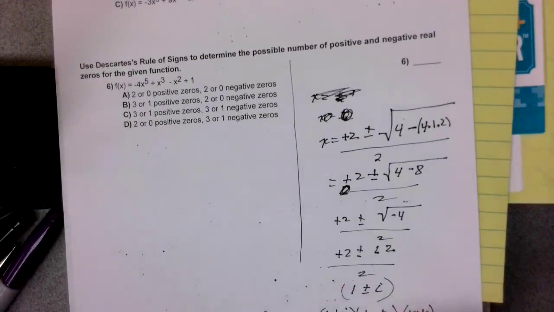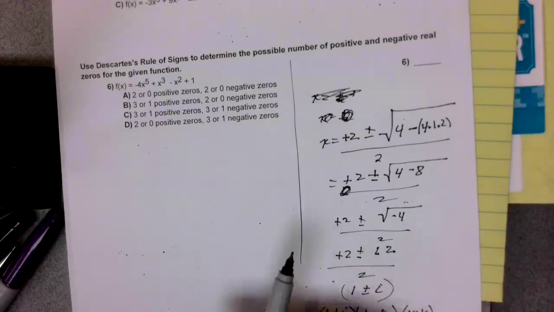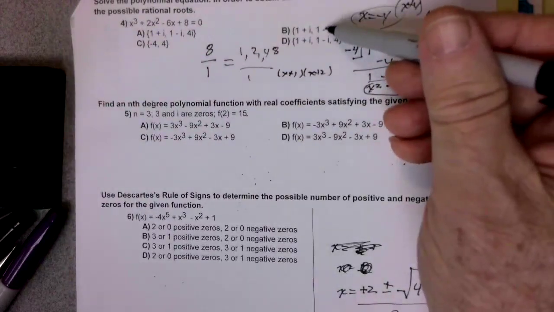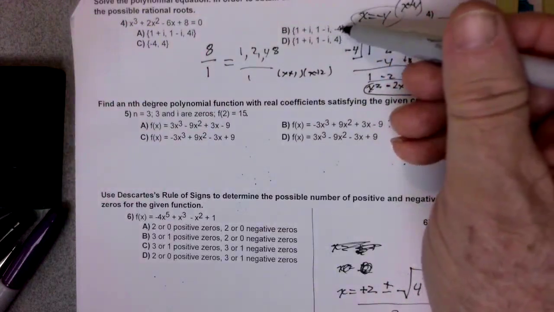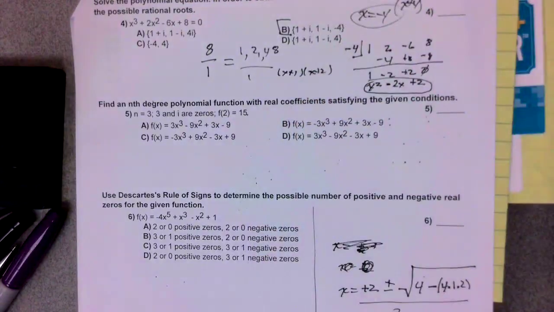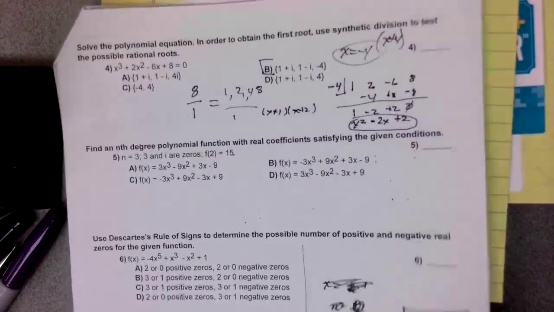So the zeros are minus 4, 1 plus i, 1 minus i. The answer to 4 must be B.